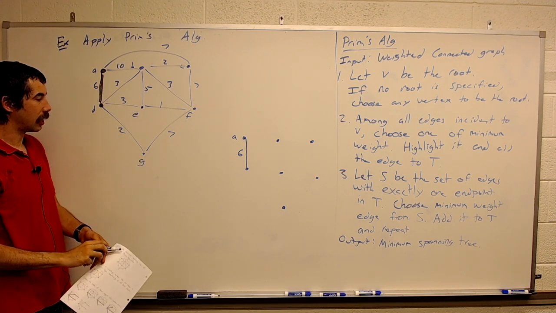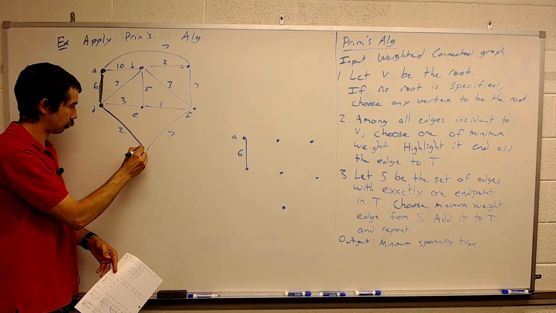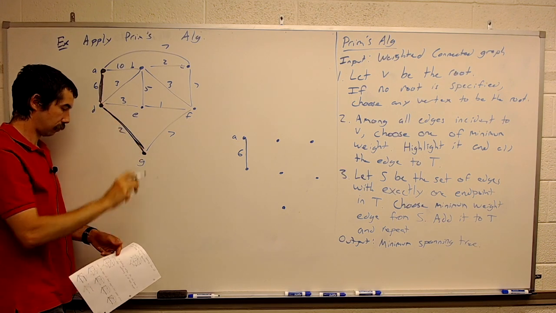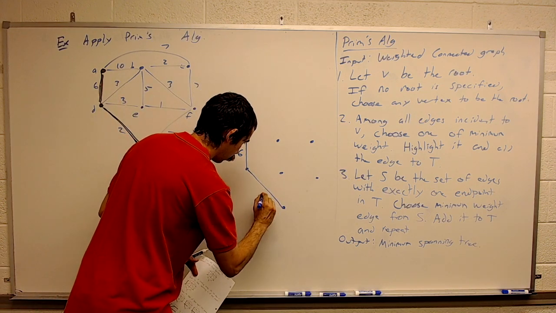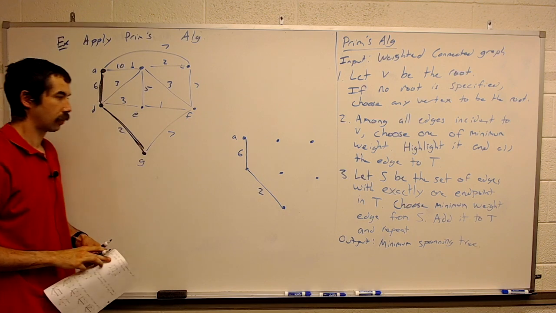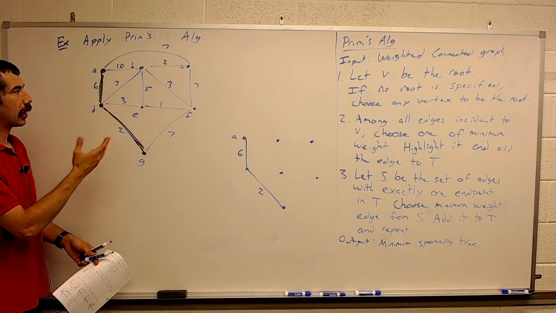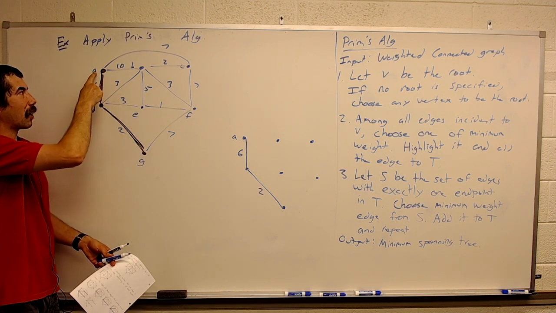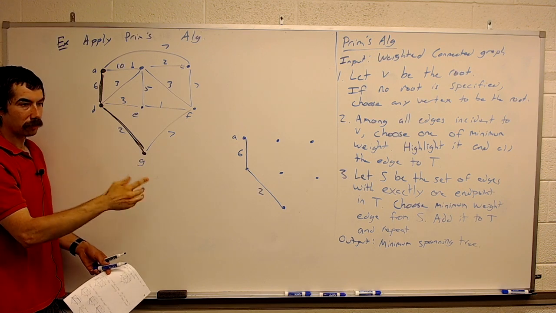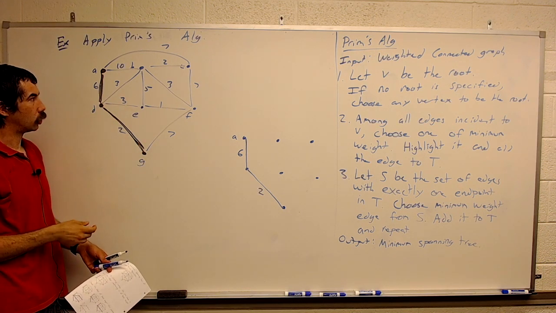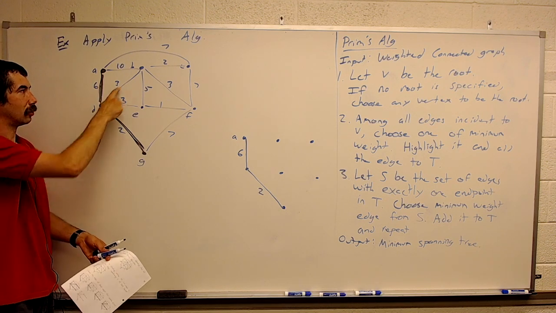So we're going to include this in our tree. All right, now notice that each step along the way, this graph stays connected. Okay, again, all the edges out of A, D, and G that don't basically make a cycle, we got to find the shortest. So it's either this 3 or that 3. We could pick either. I'll do this one for now.